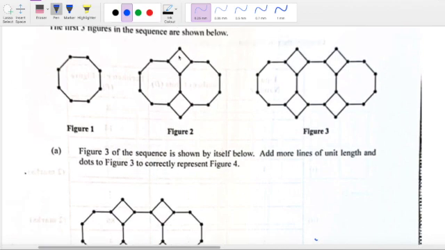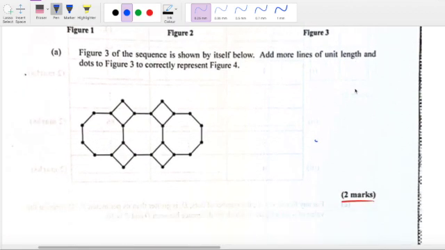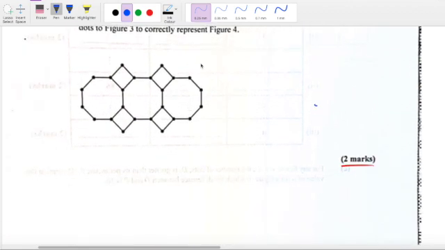So you can see we add these and then you add another shape, and this is figure 2, so we have to add these and then another shape. So that means that we will have to add a dot here and a dot here, and then we had to add a dot here and a dot here.